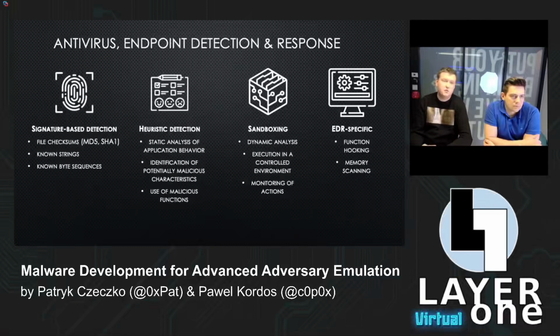This is a very trivial one. Also, this signature-based detection consists of known strings detection, like malicious strings within your application, and known byte sequences. This is very trivial to perform by antivirus solutions. But if something is really trivial to detect, probably it will be very trivial to fool the antivirus solution, which we'll show you in a few minutes.